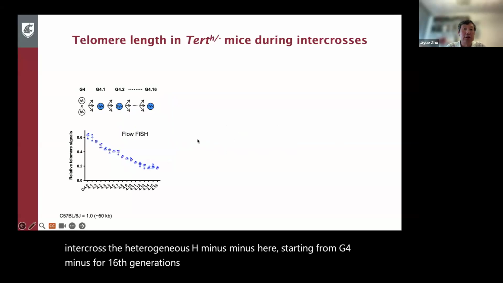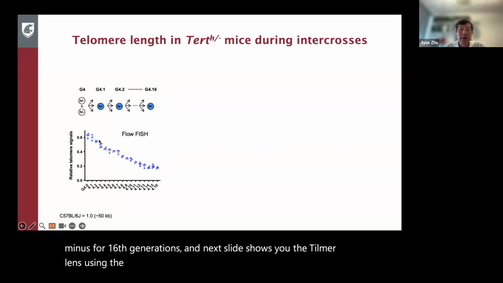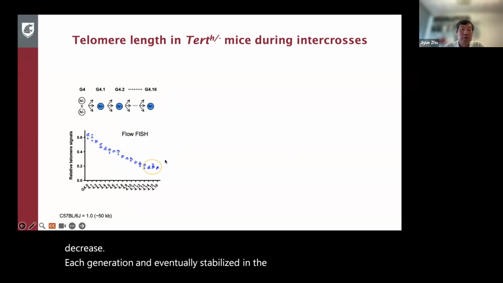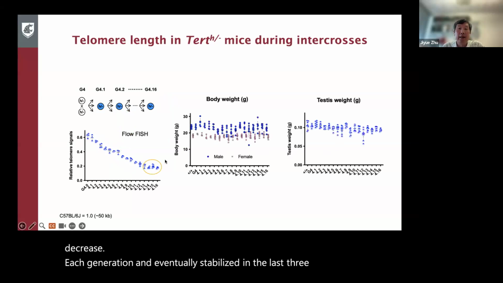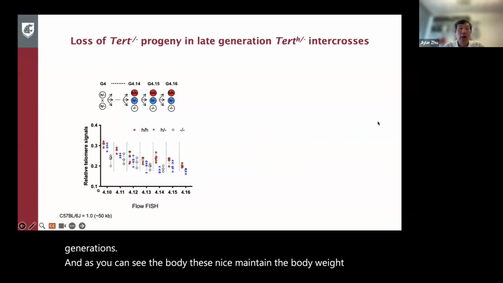The next slide shows you the telomere length using the flow FISH data. You can see the telomere length decreases each generation, and eventually stabilizes in the last 3 generations of mice. And as you can see, these mice maintain the body weight and the testis weight.